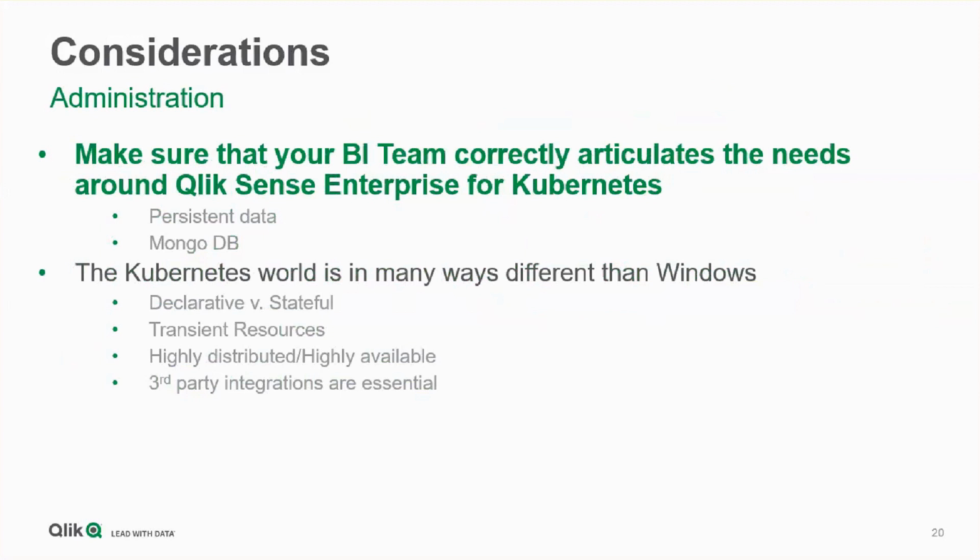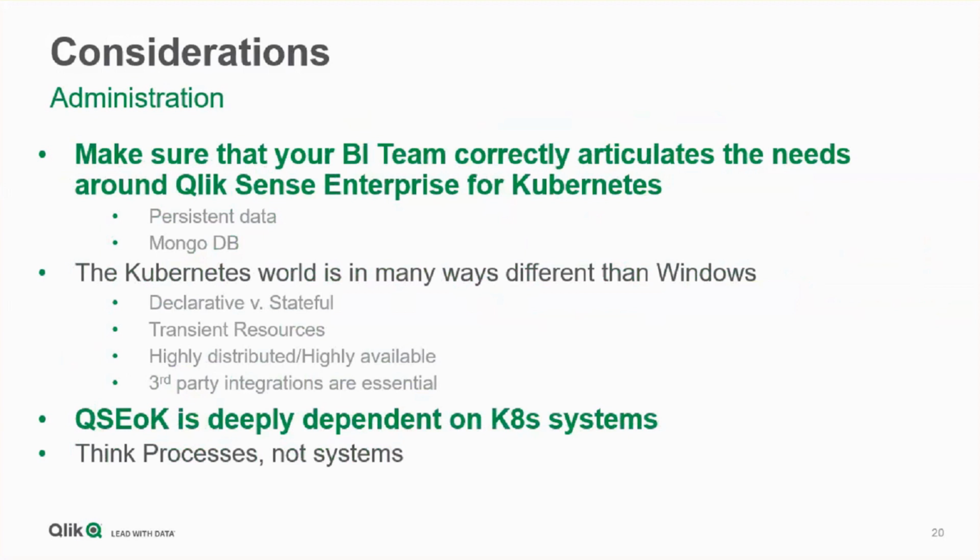A modern IDP, MongoDB. There are other resources we're going to talk about just in a bit, that aren't necessarily part of the product, but are part of the Kubernetes ecosystem. So the thing that I like to say is that QSEoK is just deeply dependent on Kubernetes systems. So that means that you have to change from thinking about these static systems to thinking about dynamic processes.